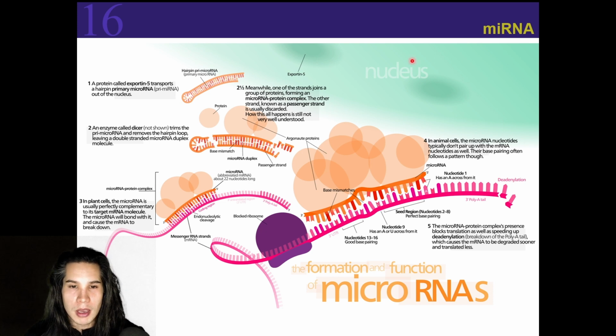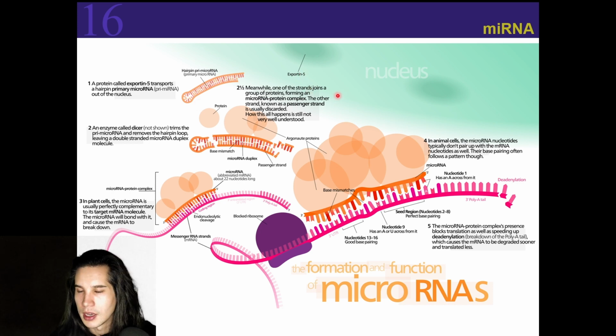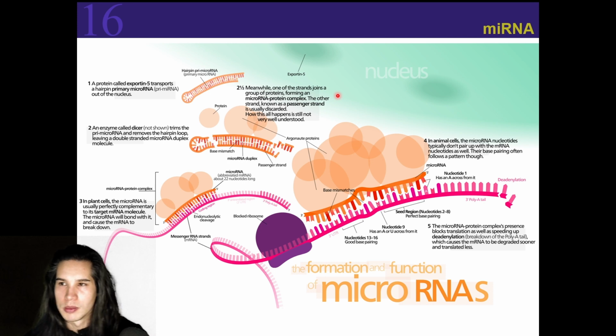All right, next we have microRNA. We could talk about this for a really long time, but in short, most organisms are able to identify double-stranded RNA.